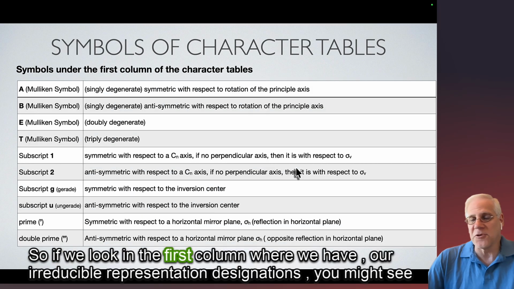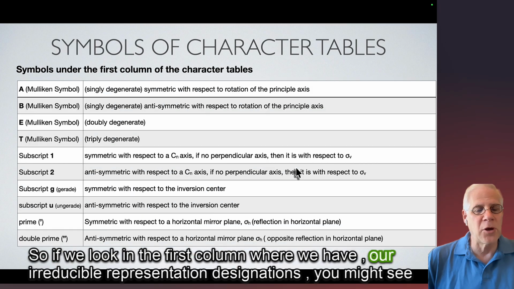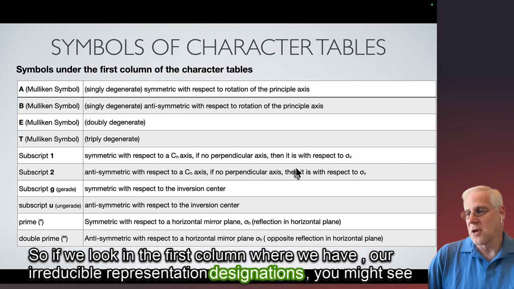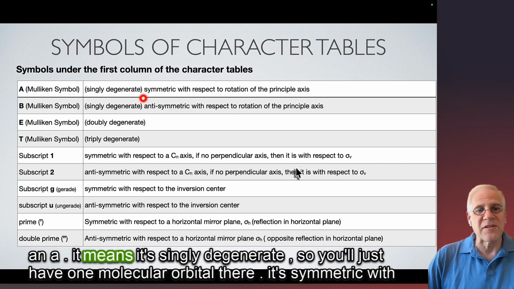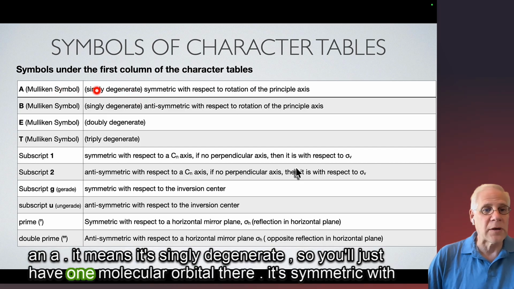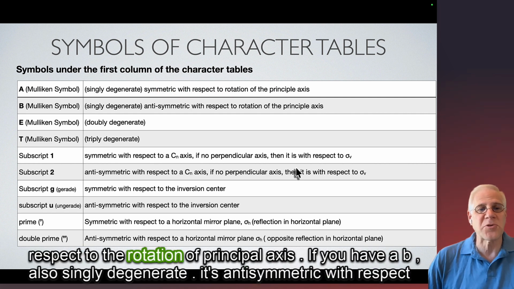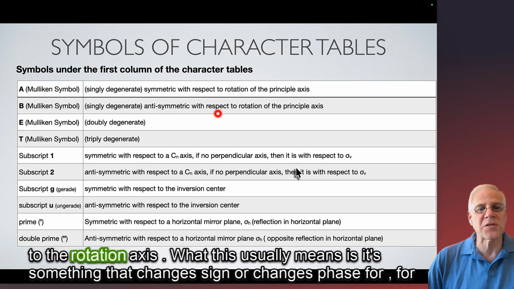So if we look in the first column where we have irreducible representation designations, you might see an A. That means it's singly degenerate, so you'll just have one molecular orbital there. It's symmetric with respect to the rotation of the principal axis. If you have a B, also singly degenerate, it's anti-symmetric with respect to the rotation axis.